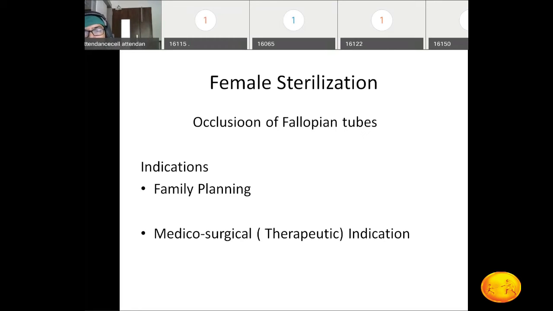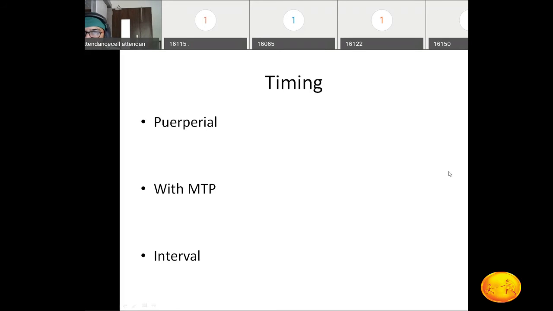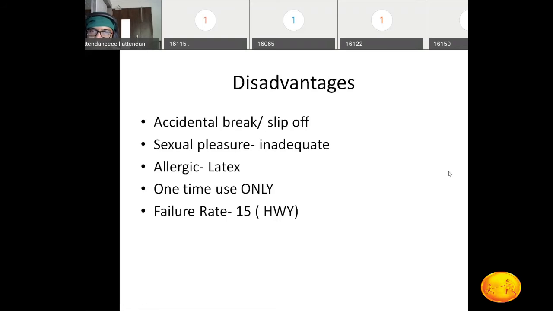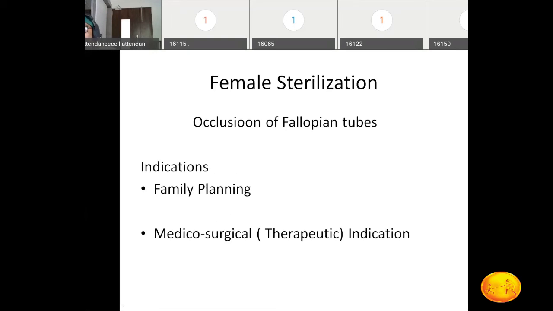Do you know any therapeutic indication of tubal sterilization as a therapy? What can be a therapeutic indication for tubal sterilization? Therapeutic means to prevent or to treat certain conditions.